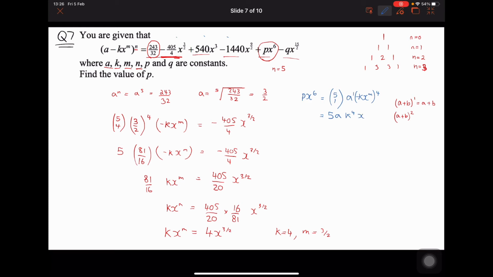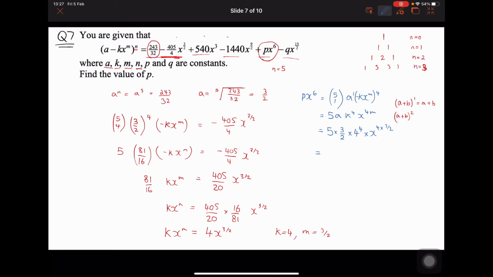And x to the 4m. Now I'm going to substitute our values in. 5 multiplied by 3 over, was it 3 over 2? Yes, it was 3 over 2. Multiplied by 4 to the power of 4 multiplied by x to the 4 multiplied by 3 over 2.